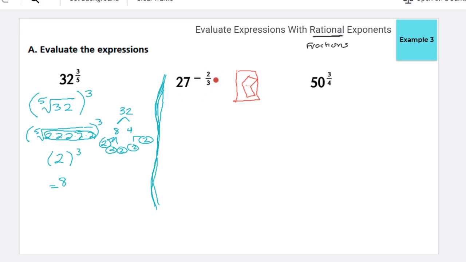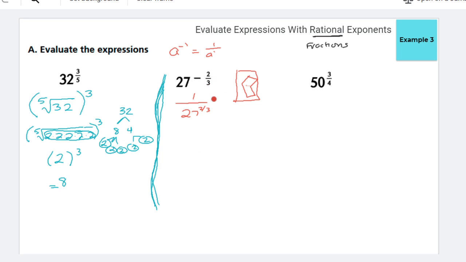So instead of dealing with 27 to the 2/3, I'm going to deal with 1 over 27 to the 2/3. That's what that negative does. We're using a property that looks like this: a to the negative 1 equals 1 over a to the 1. That's what the property usually looks like.